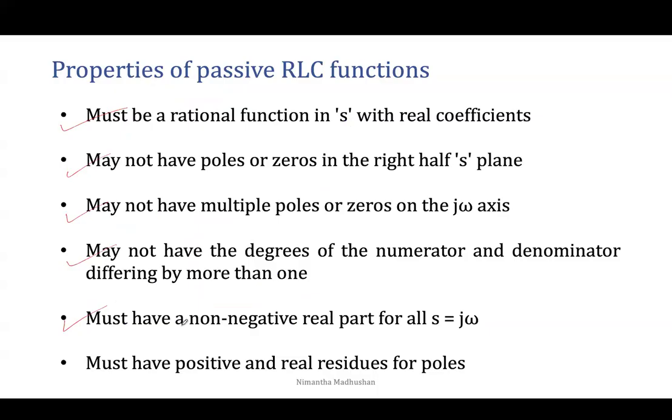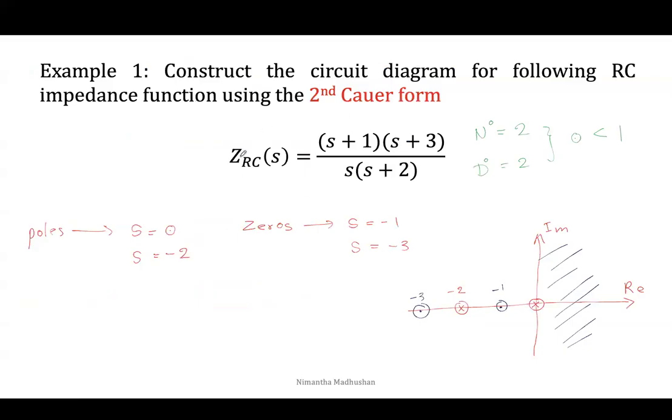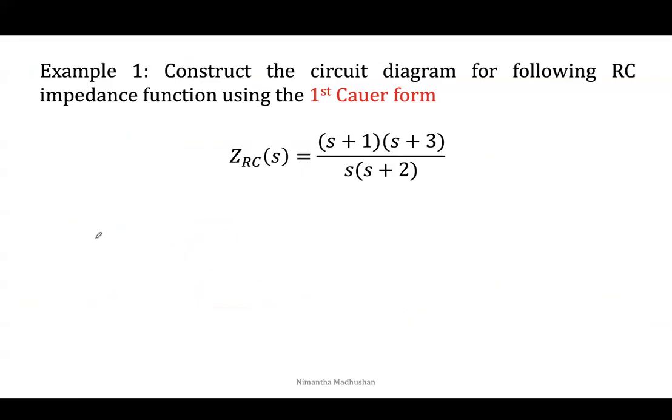And the last one is that it must have positive and real residues for poles. For that, we have to do the partial fraction expansion of this function. The partial fraction expansion is equal to 1 plus (3/2)/s plus (1/2)/(s plus 2).